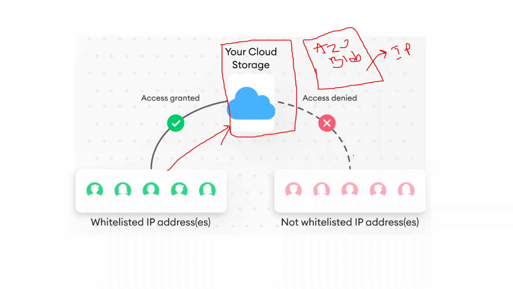And if you try to access the same Azure cloud using a non-whitelisted IP address, then Azure will deny the access and will not allow you to enter its system. As simple as it is. A whitelisted IP address is like a gate pass.